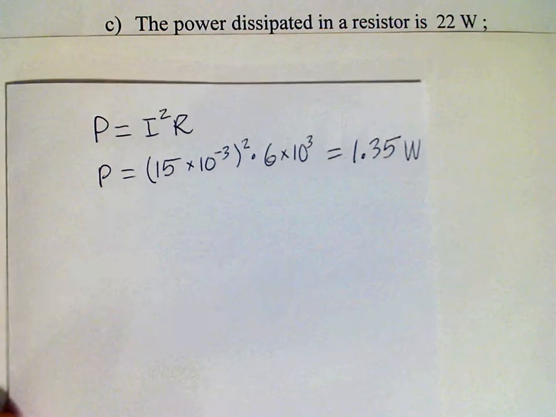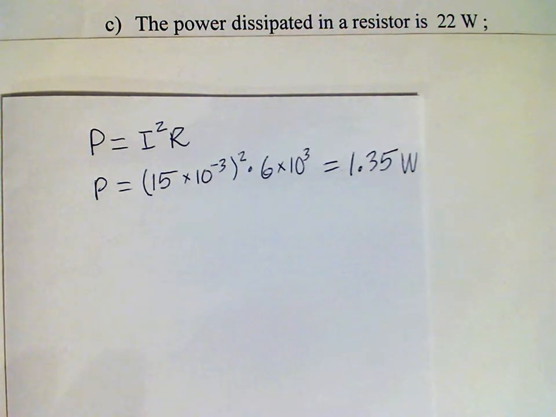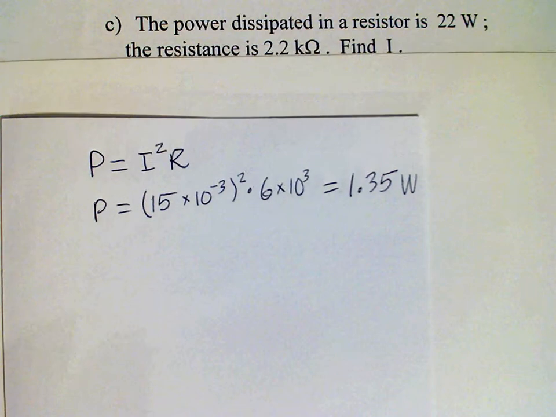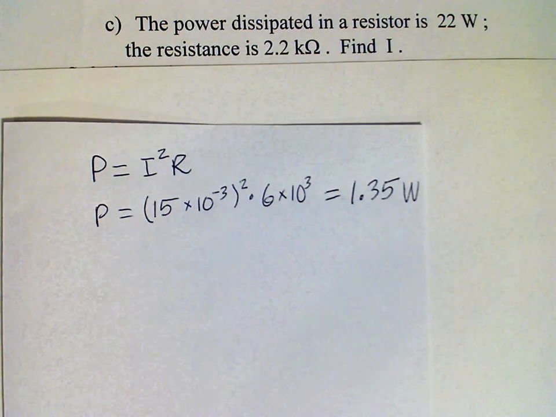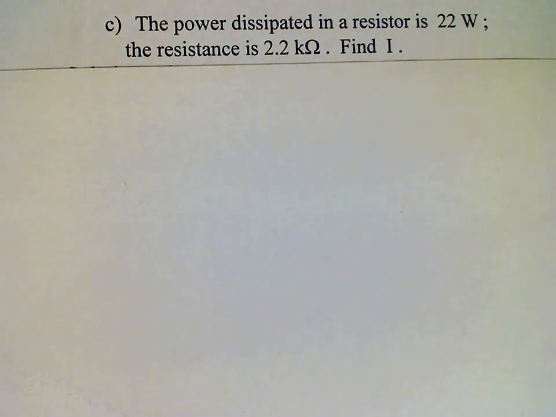Let's do one more example using that formula. The power dissipated in a resistor is 22 watts, and the resistance is 2.2 kiloohms, and I need to find I this time.